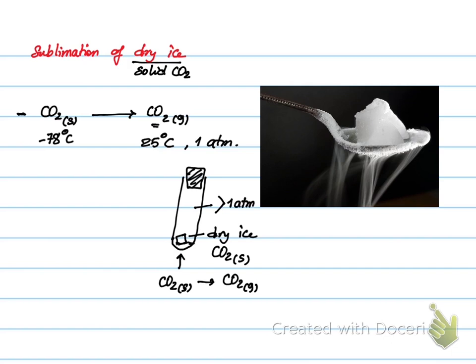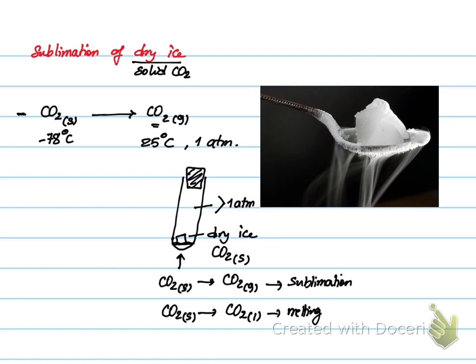In this case, some carbon dioxide will melt, giving CO2 liquid. The first equation is sublimation, and the second equation is melting.